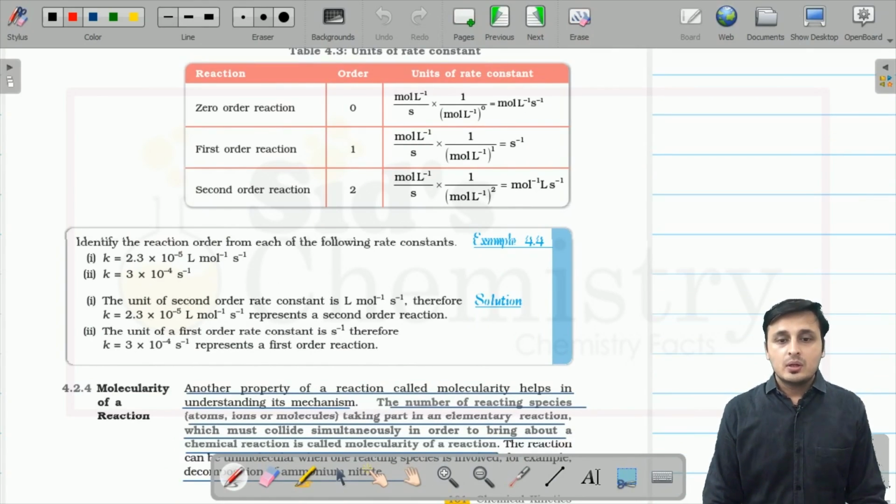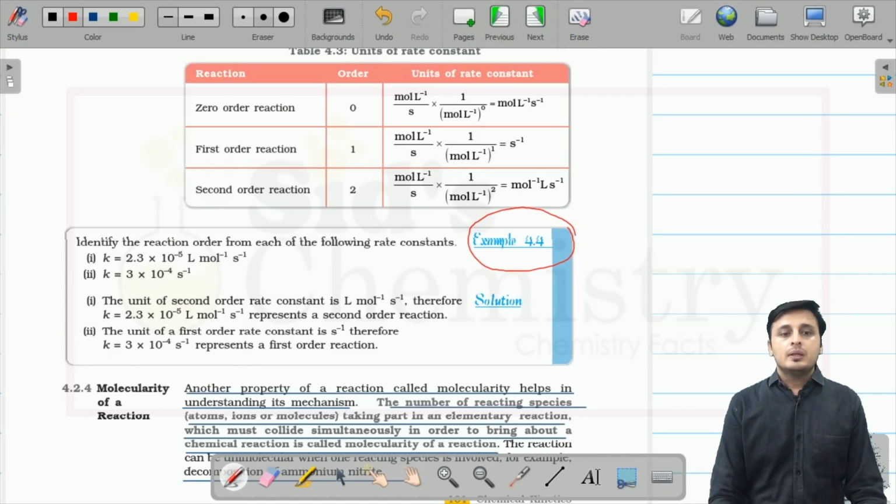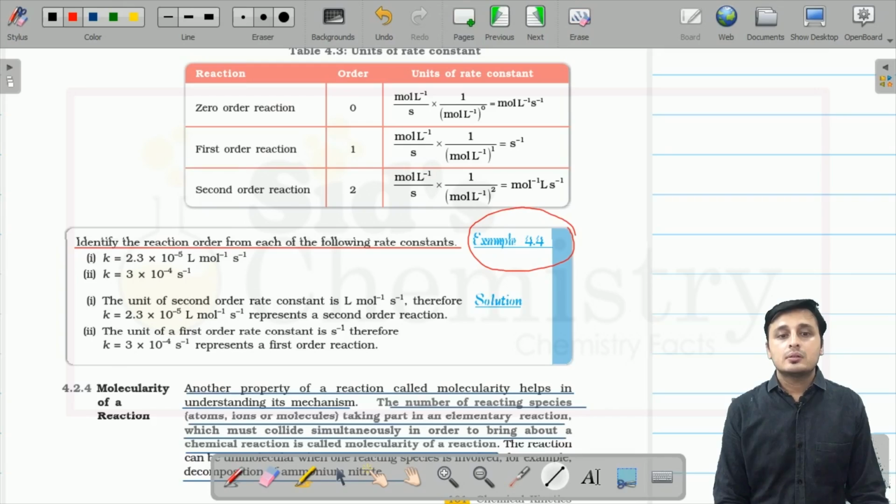Now let us solve one numerical on the basis of these facts. So example number 4.4 is given, where we are asked to identify the reaction order from each of the following rate constants. As I told you, you can easily find it.